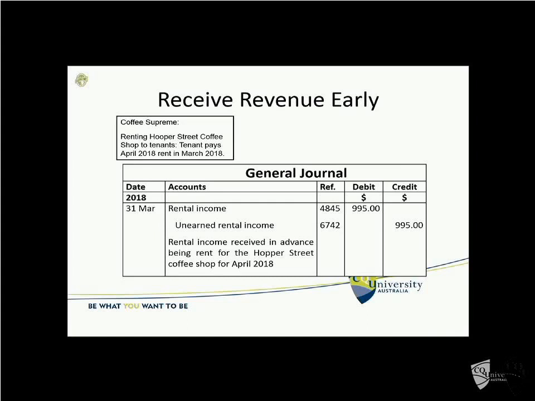Quite typically, people pay rent in advance. So I've assumed that they pay $995 monthly rental in March for the April month. So Coffee Supreme has received this rental income in advance, but they won't earn it until after balance date.